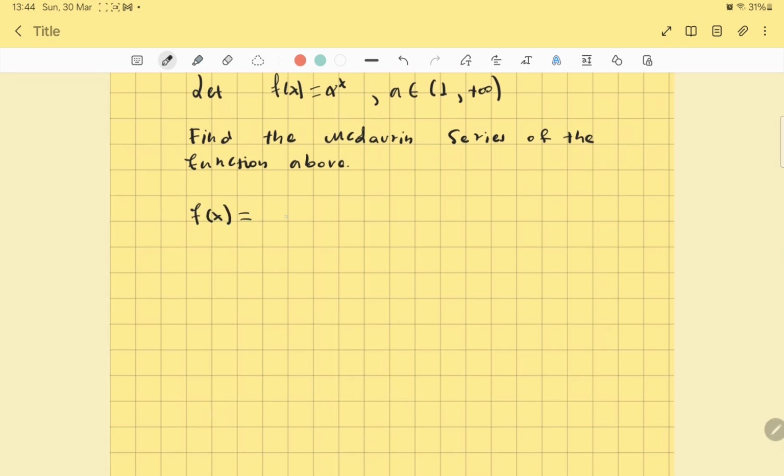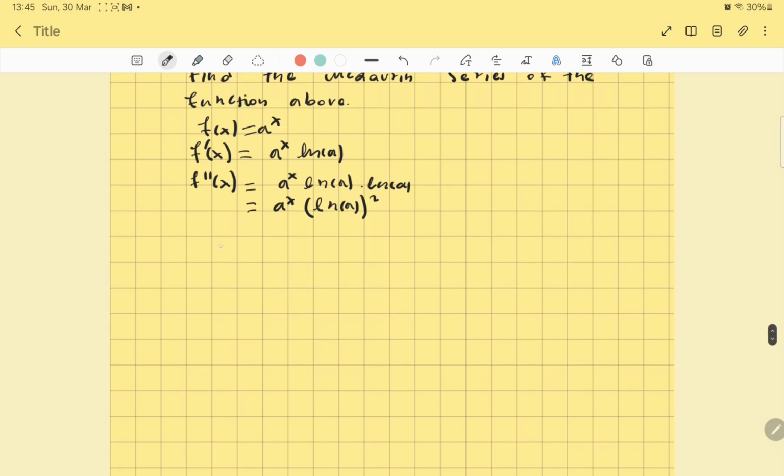First, my function is a to the power of x. My first derivative is a to the power of x ln a. The second derivative is a to the power of x ln a times ln a, so that's a to the power of x times ln a squared.